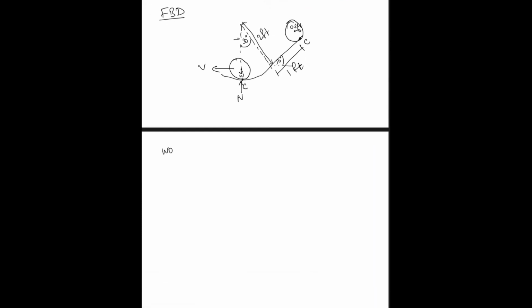Now we're going to first write our work energy equation, which is U is equal to delta Vg plus delta T. There are no external forces included in this question, so U is 0. The gravitational potential energy is going to be equal to mg times z2 minus z1.